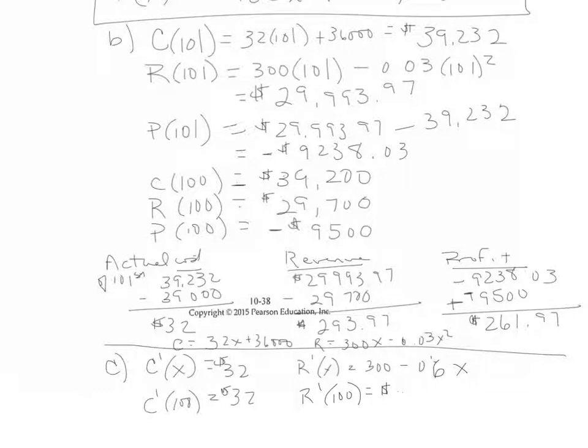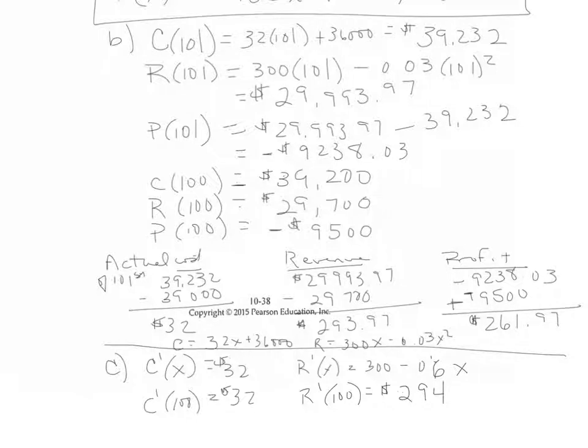If I multiply negative 0.06 times 100, don't I get negative 6? And 300 minus 6 is? $294, isn't it? Yep. Compare that to what we found when we calculated it this way, 293.97. That is pretty darn close, is it not?